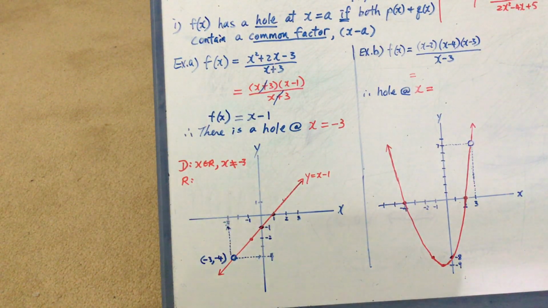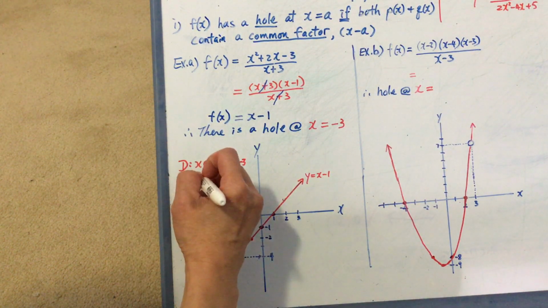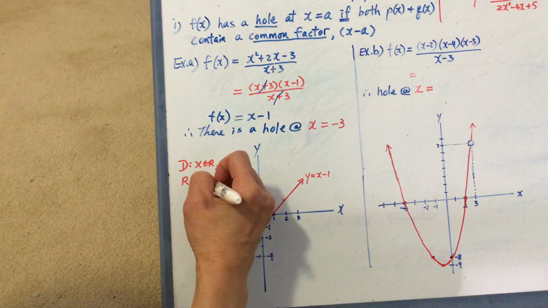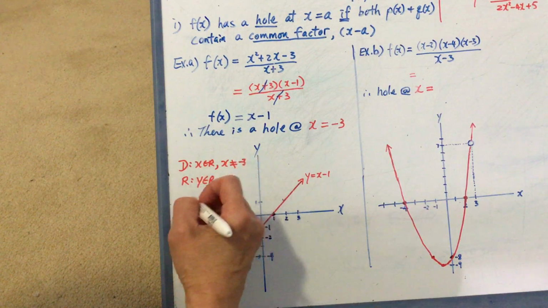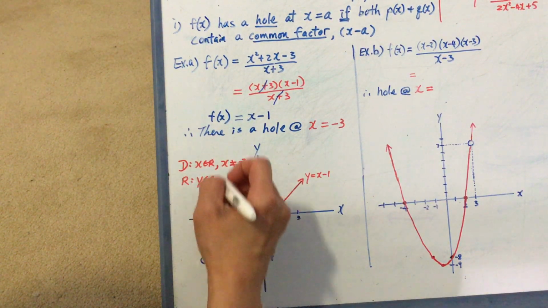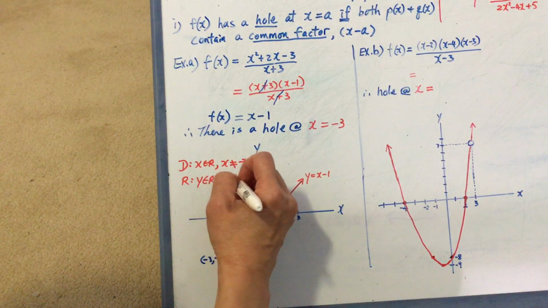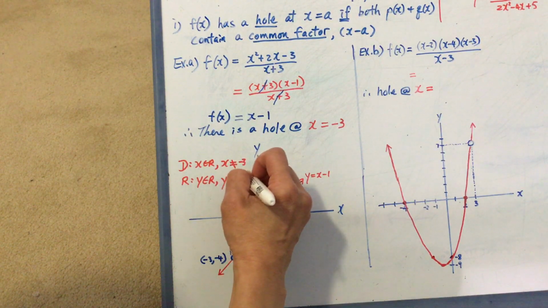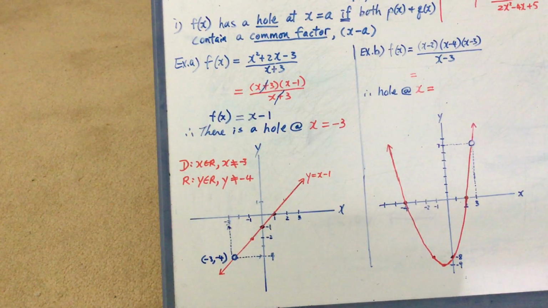And the range is no longer all the reals, where usually the linear will have only the reals, but now the y just cannot be equal to negative 4. Okay? So this is what we should be observing every time we are trying to graph rational functions.